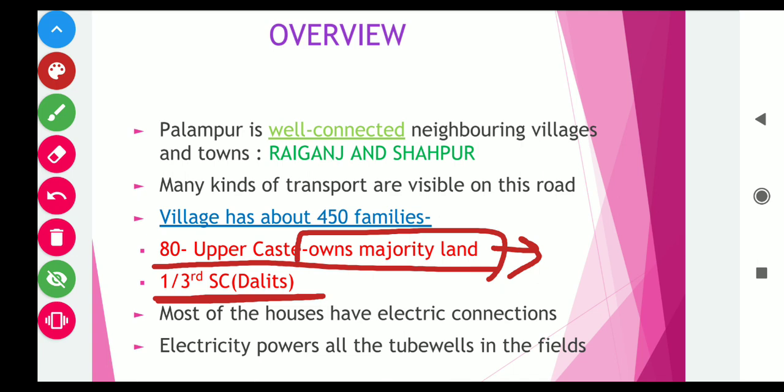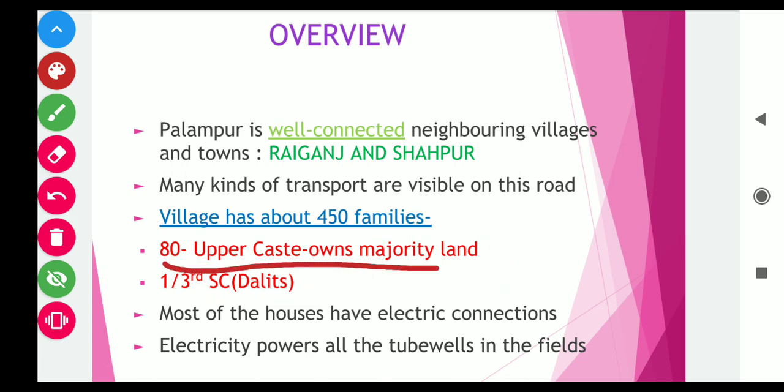These upper caste families, they live in a large house which are made up of bricks with cement plastering. And about 1/3 of the population of the village belongs to the SCs or Dalits. And they live in one corner of the village, and they live in a very small house which are made up of mud and straw.